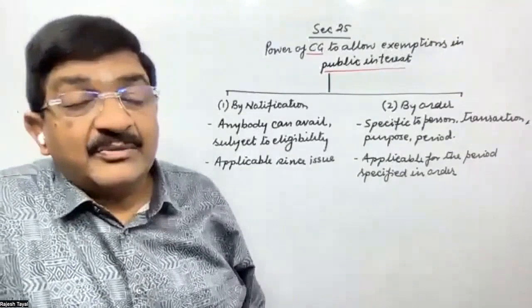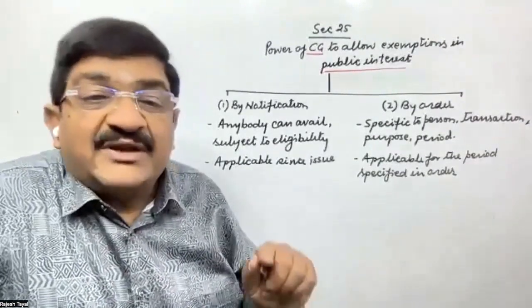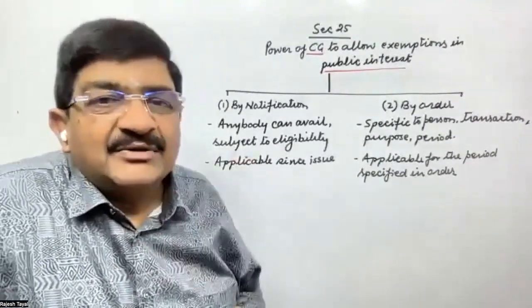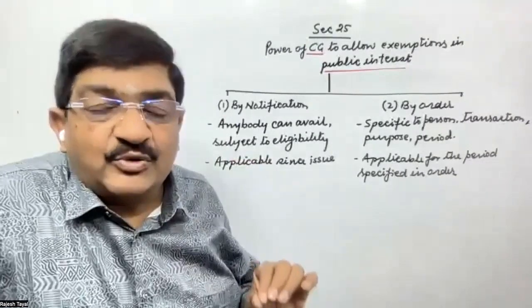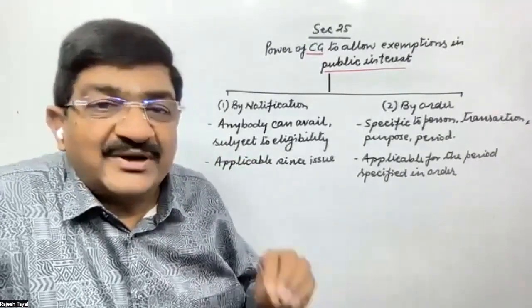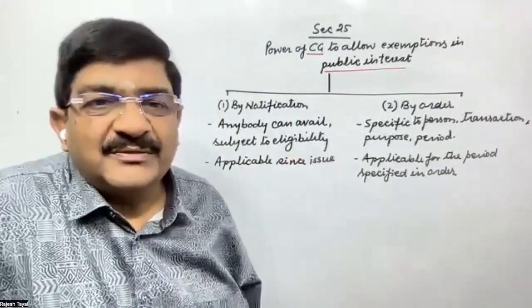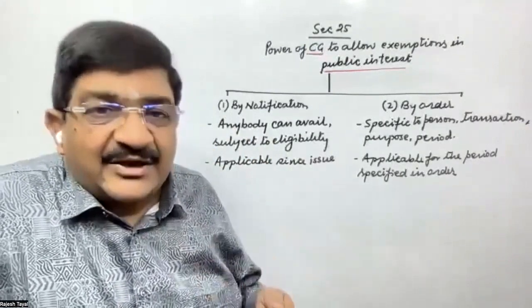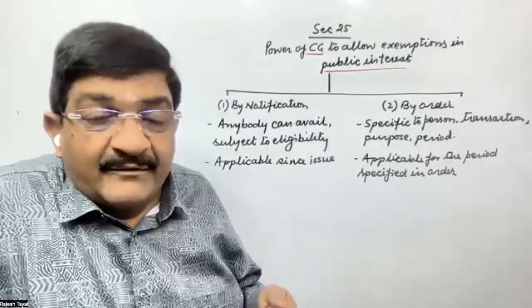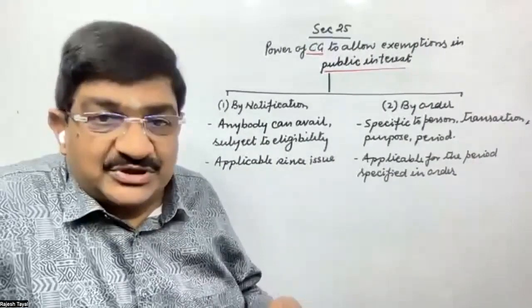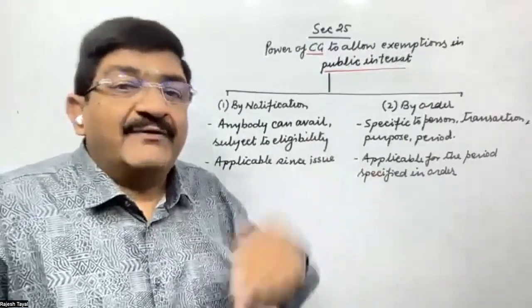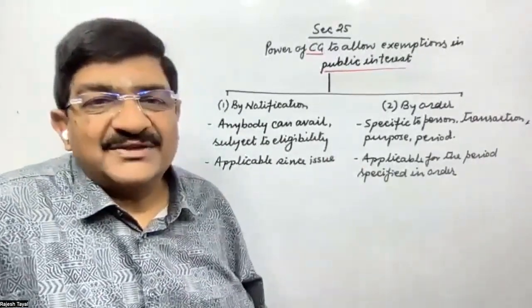And what is the meaning of the term issue? Issue means it is signed by the proper authority. The person having authority to sign the exemption notification, the moment it is signed, it is deemed to have been issued. And in the current scenario, when we have advanced technology, within 5 seconds, the whole of India will know that there is an exemption notification.